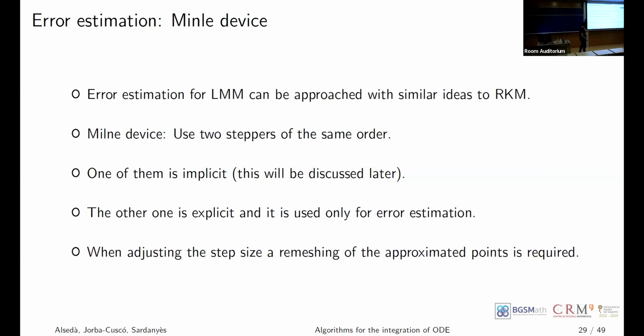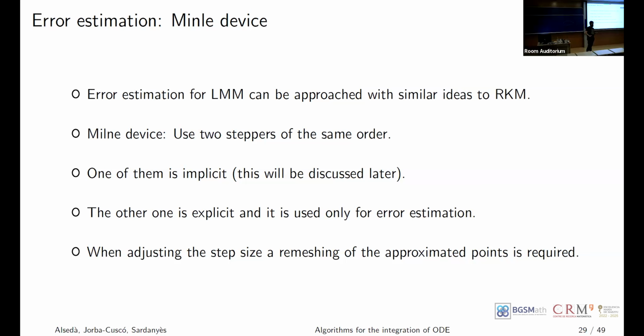But the point here is that when you want to adjust the step size, you have to remesh again. So you can no longer rely on previously computed points. You have to do a remesh to make things work.